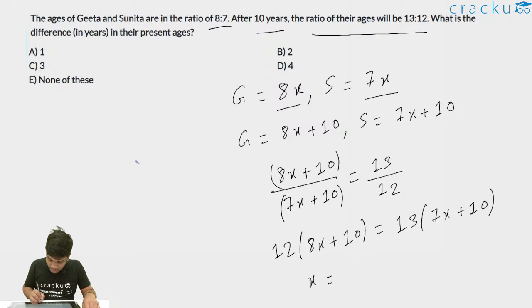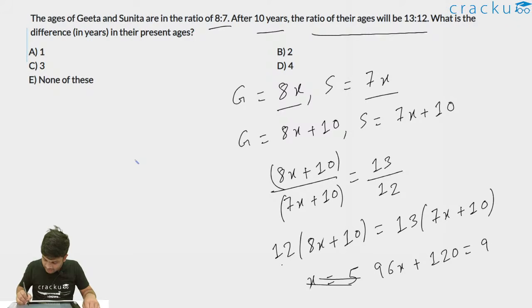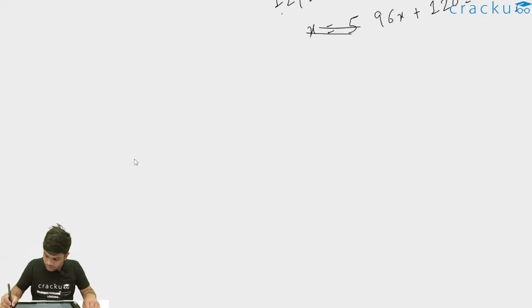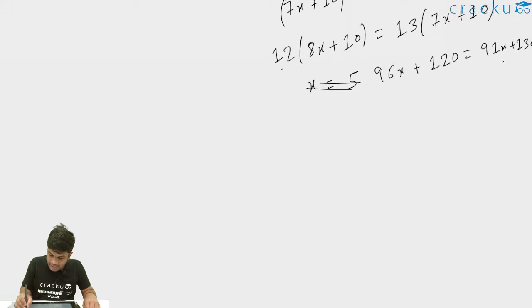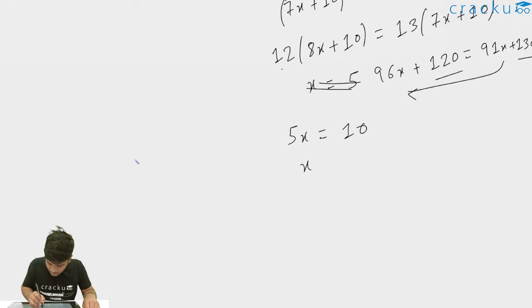So 12 times 8 is 96x plus 120, and 13 times 7 is 91x plus 130. When you calculate it, 91x will come on the left hand side. So 96x minus 91x is 5x and 130 minus 120 is 10. So from here we got x is equal to 2.